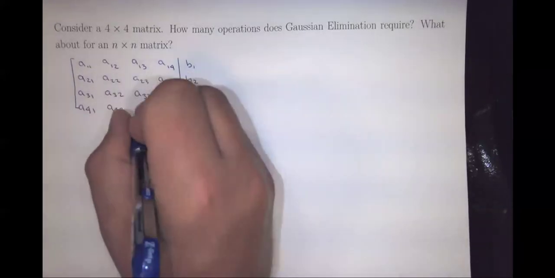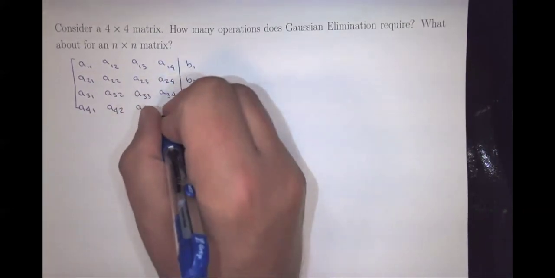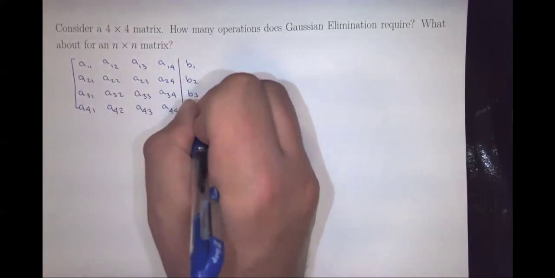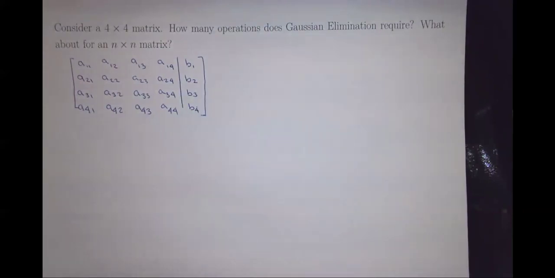This operation count also is going to assume that we have no issues with division by 0. Obviously, if there's a 0 in the pivot column, that's going to lead to some problems. And so we're just going to wish that away for the time being.